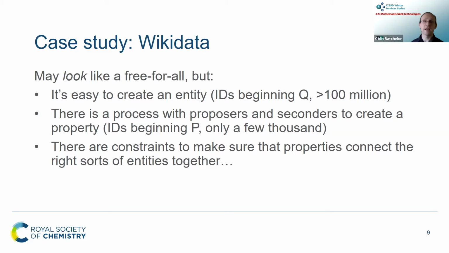You can create a Wikidata entity just by going on the website, by creating a page on a wiki. However, if you want to create a property, this could be a property like having a date of birth, having an identifier.